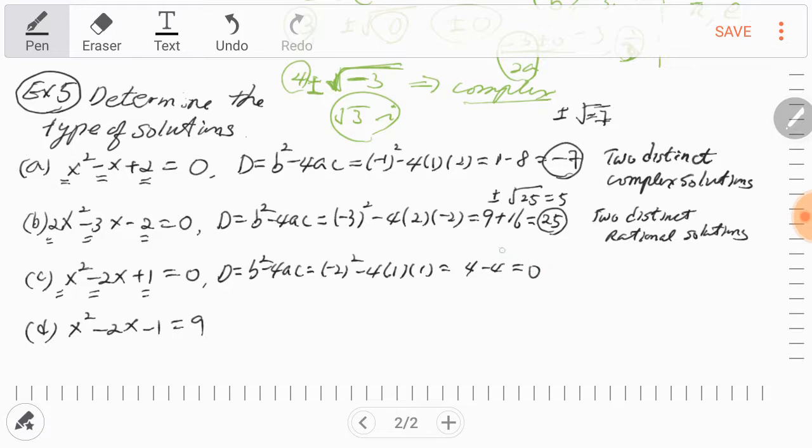The discriminant is 0. So plus or minus the square root of 0 is 0. What we have is only the front part, negative b over 2a. So there is only one solution, and this is repeated twice.